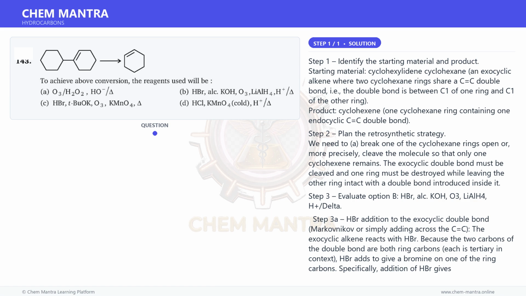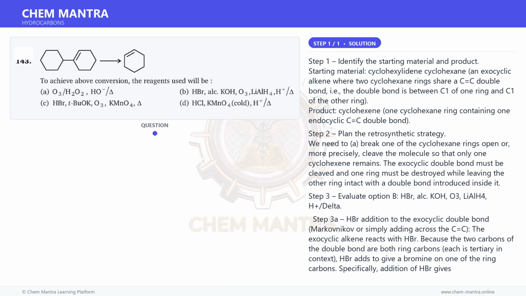Specifically, ozonolysis of the trisubstituted endocyclic double bond of 1-cyclohex-1-enyl cyclohexane, followed by reductive workup implied by LiAlH4 in the next step, gives a keto-aldehyde open chain tethered to the other cyclohexane ring, effectively cleaving the ring that had the double bond into an open chain dicarbonyl, while the other cyclohexane ring remains.